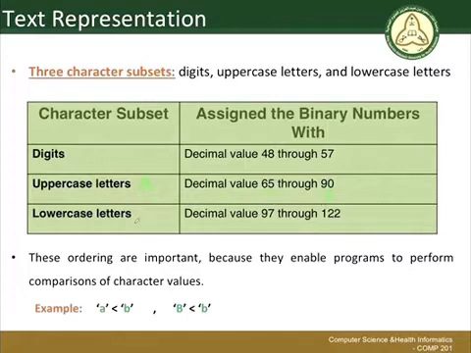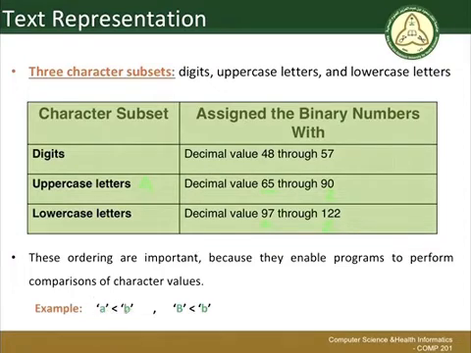The same is true for the lowercase letters. The small a is going to be 97, and if I convert the binary code to decimal, it's going to be 97 through 122, which is the small z.